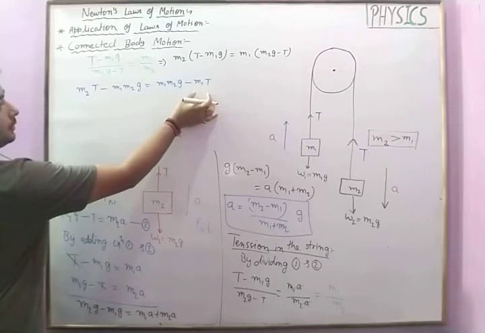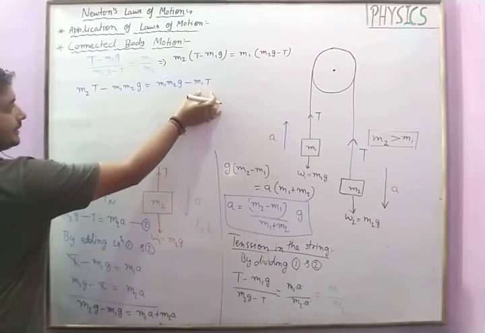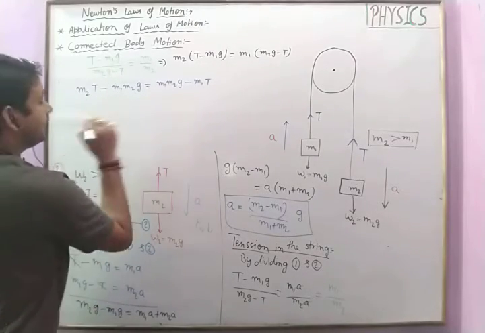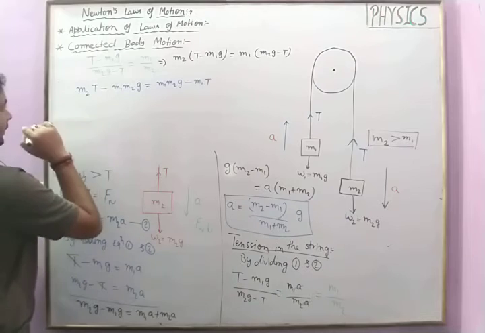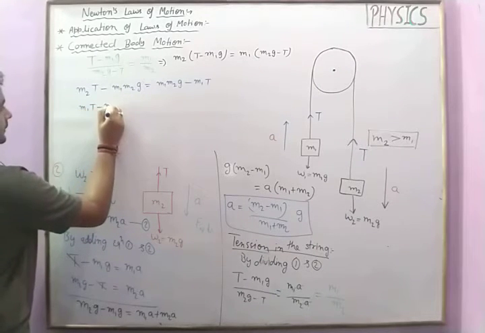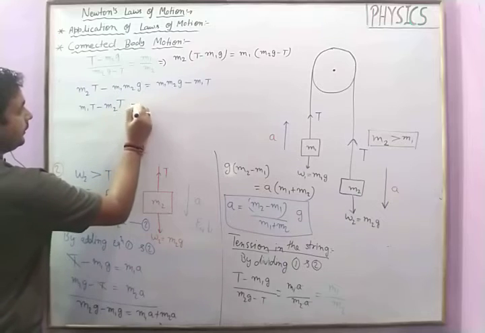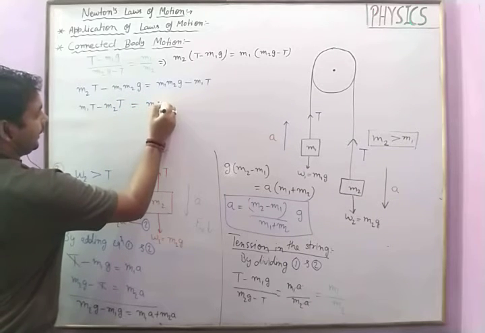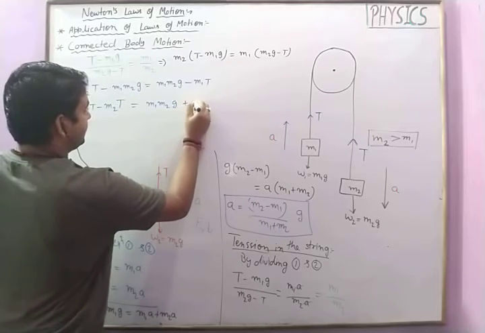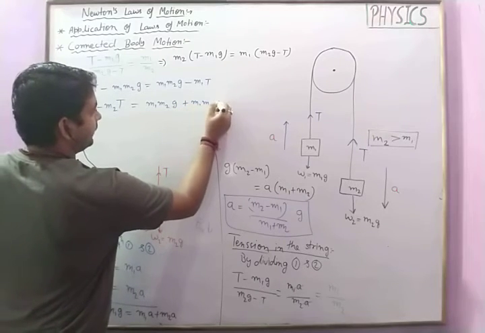Now term of tension equating one side and the acceleration term equating the other side, we get m1T plus m2T is equal to m1m2g plus m1m2g.